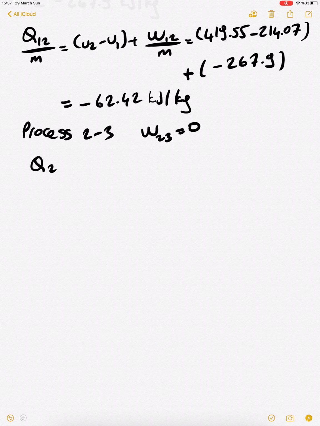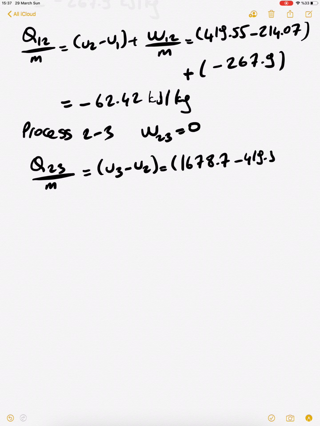The energy balance Q23 per unit mass is going to be U3 minus U2, which is 1259.15 kilojoule per kilogram. So you see that it is a positive sign.